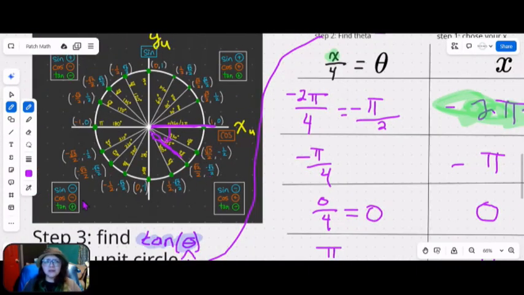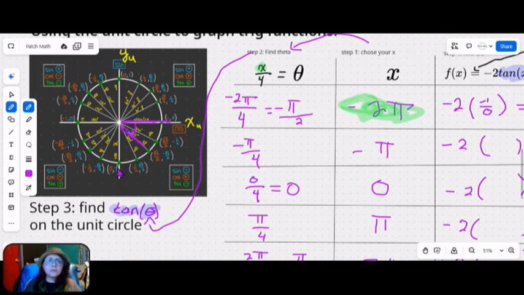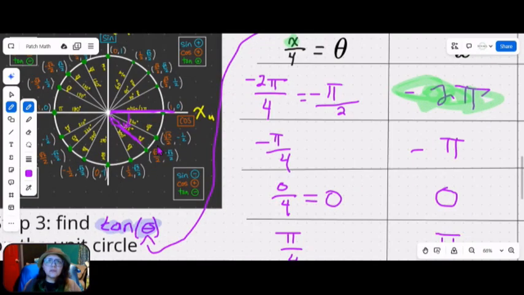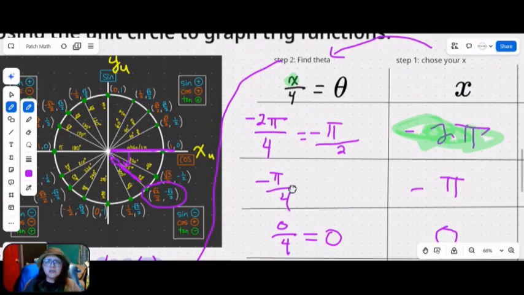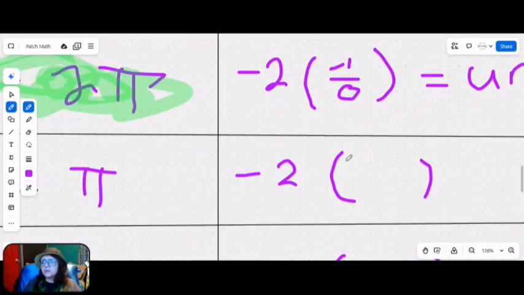Tangent is sine over cosine. I'm not writing that down because there's a lot of information here on how these pieces go together. If we don't have that tangent is equal to sine over cosine memorized, I highly suggest doing it. So we have this ordered pair we were referencing: negative square root of 2 over 2 for both, so negative square root of 2 over 2 over negative square root of 2 over 2.